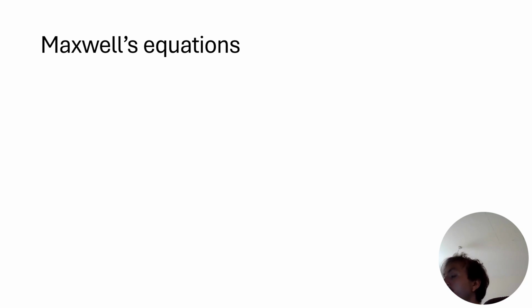Having talked about the div, curl and grad operations, we are now at a place to talk about Maxwell's equations. Now it's worth saying Maxwell's equations have a reputation in popular culture for being very mathematically complicated. The reason for this is because the explicit mathematical descriptions of grad, curl, and div are rather long and bulky.